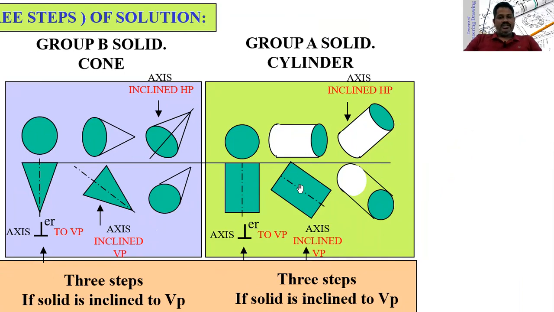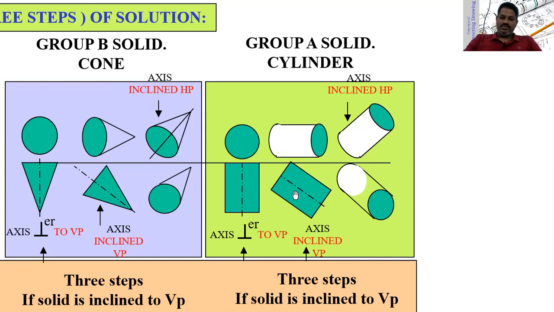In this case, use the projections of this front view to get the inclined surface here. Now, the axis is also making some angle with HP here. It is making some angle with VP and it is making some angle with HP.